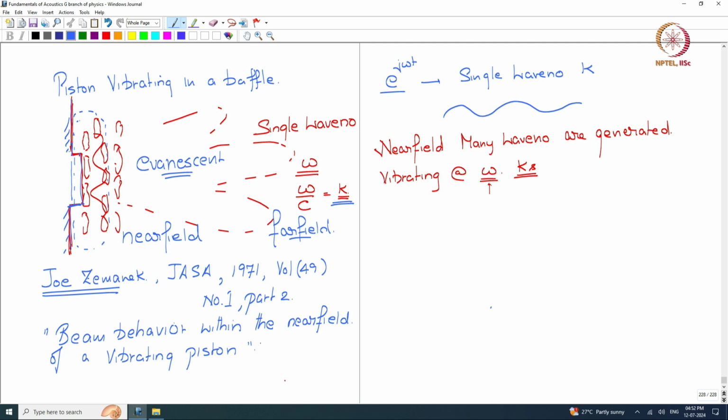You can look at this paper and generate the results and see the near field. The paper itself plots the near field, so you can see it. It is very complicated, because an infinity of wave numbers, their velocities, their pressures are interacting in the near field, which smooths away once you go slowly to the far field.